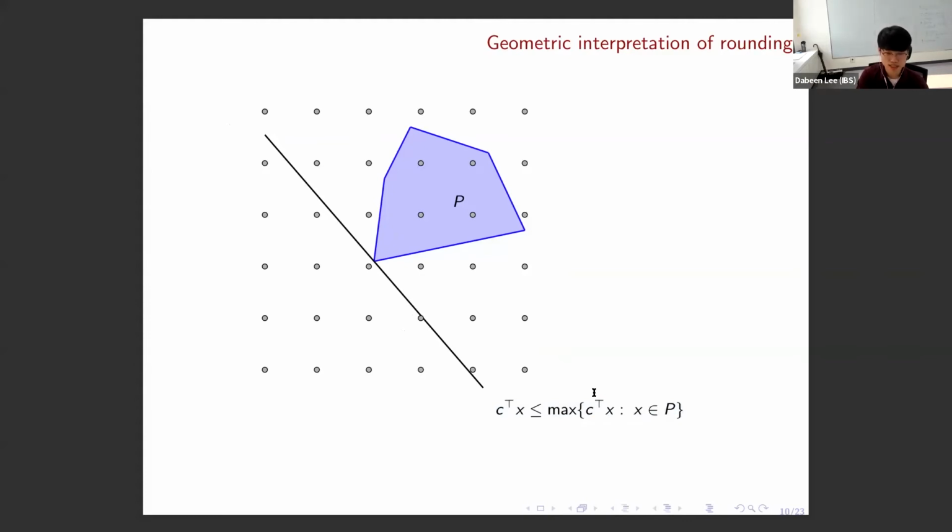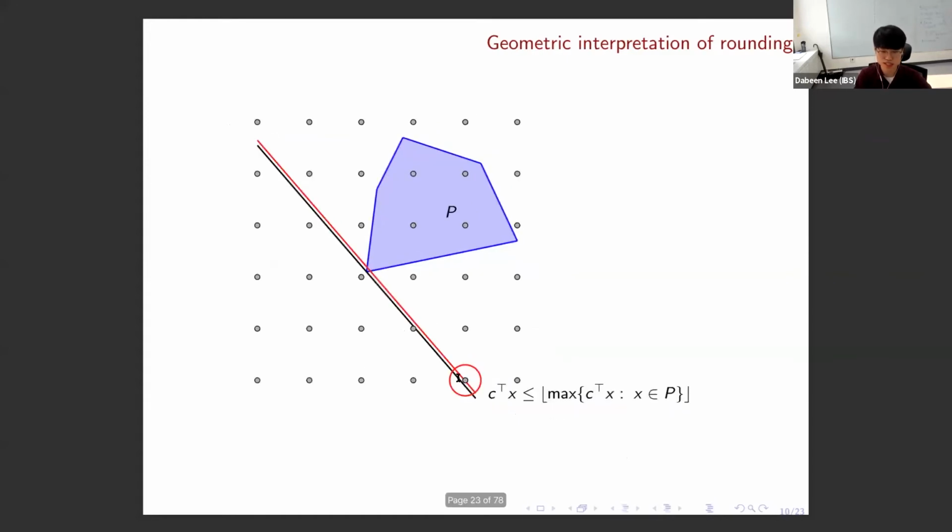This rounding down corresponds to moving this hyperplane a little bit upward until it hits an integer point. This integer point will block you from moving this black hyperplane upward, so you just stop right here. And this red hyperplane cuts off this small region of this polyhedron.